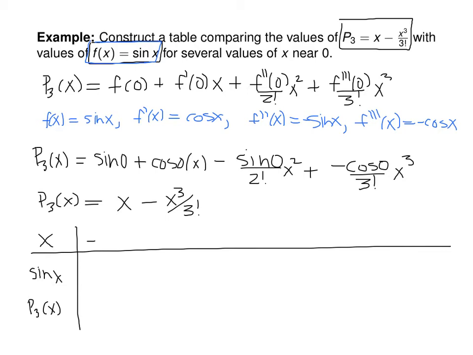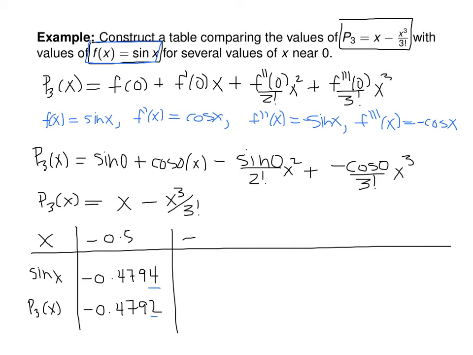So if you input, say, negative 0.5, negative 1/2, into the sine function, you get an estimate of negative 0.4794. Make sure your calculator is in radians, not degrees. When you plug negative 0.5 into this p3 of x, you get negative 0.4792. So the only difference there is in the last digit.